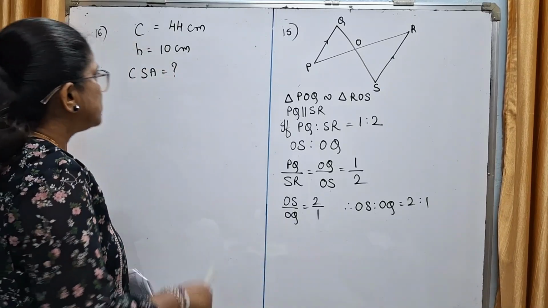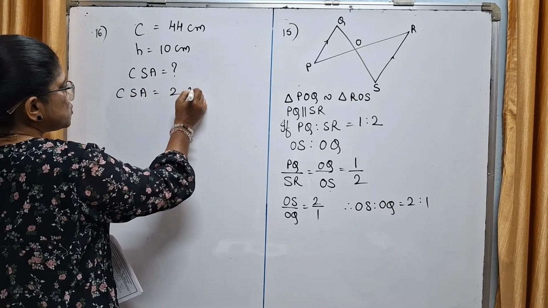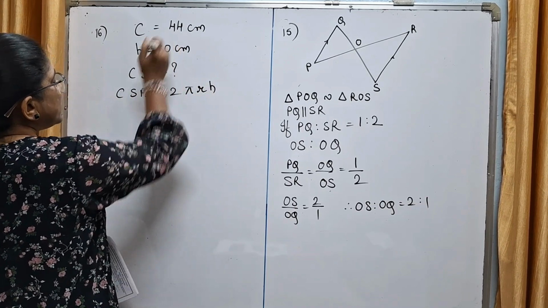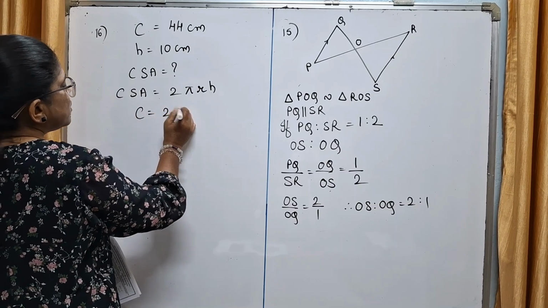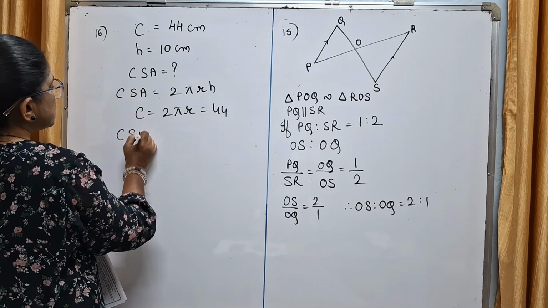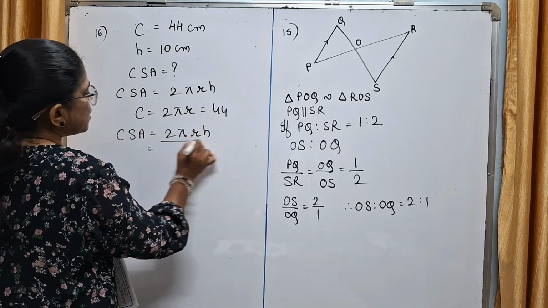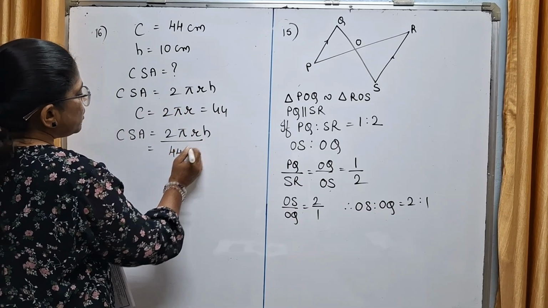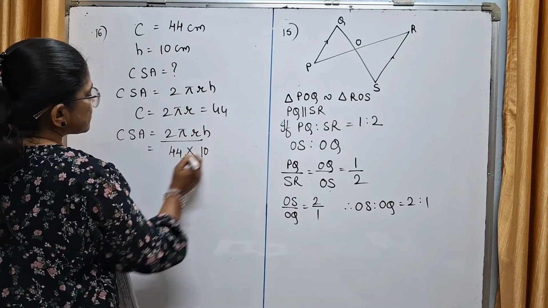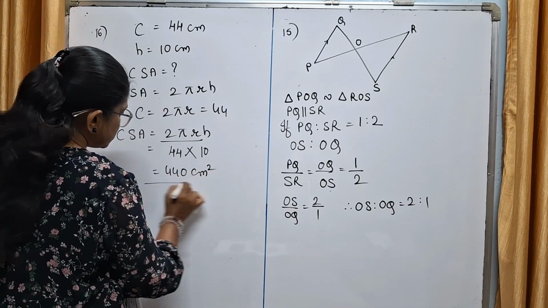It is not required. Here what is the formula to find curved surface area of the cylinder? It's 2 pi rh, and circumference is nothing but 2 pi r, which is 44. So curved surface area, which is 2 pi rh. This 2 pi r is already given, 44, height is 10. So it's 440 centimeter square.